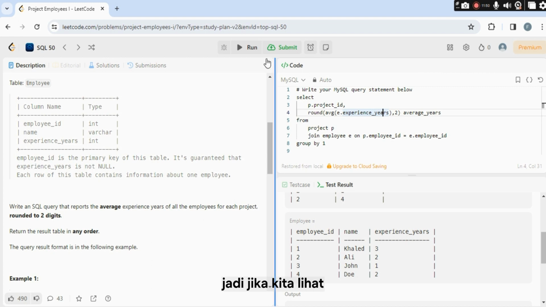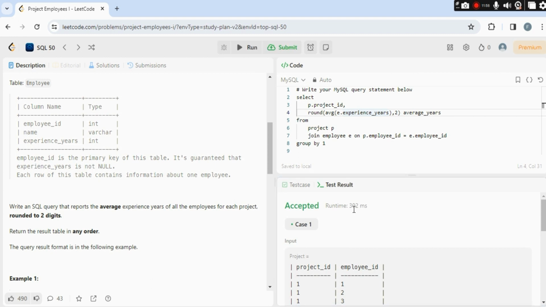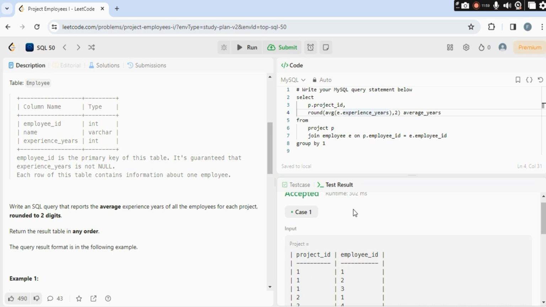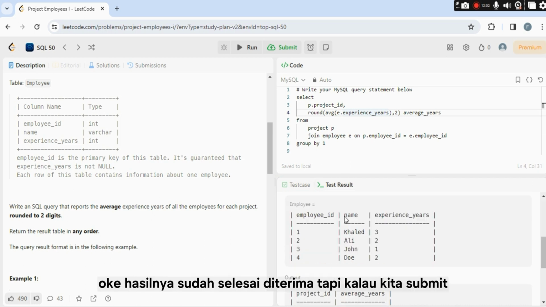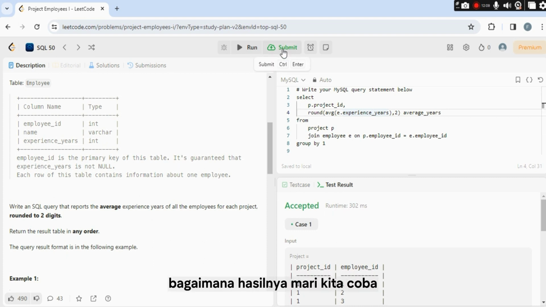So if we take a look, okay, the result is done, accepted. But if we submit, how's the result? Let's try.